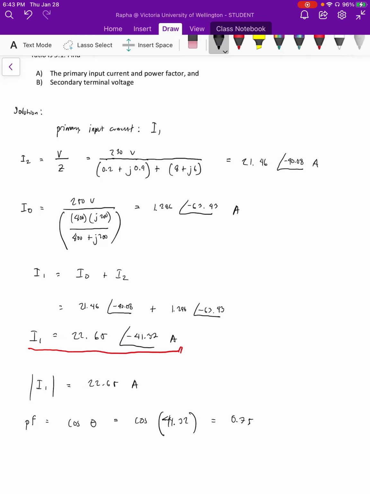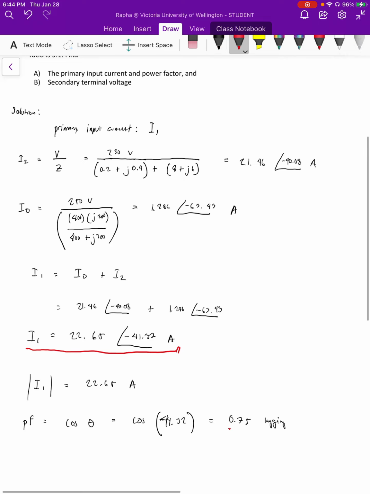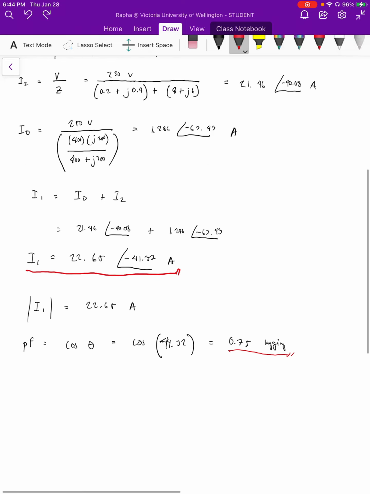So we say that it is a lagging power factor. It is because of the negative angle sign, it is below the axis if you draw a vector diagram. Then you notice that it is a leading power factor if the angle is positive. Just some rough indications but not always true, so you have to be careful about that.